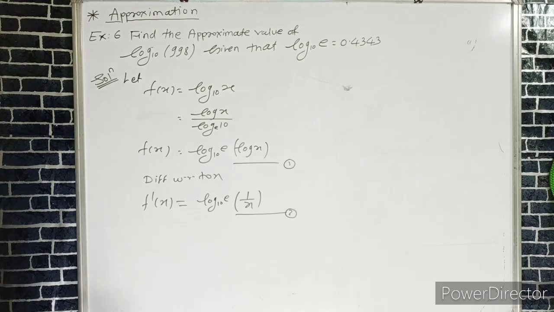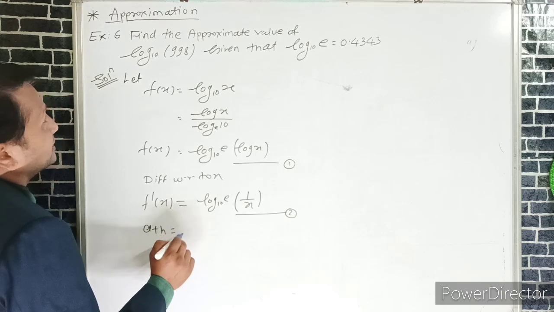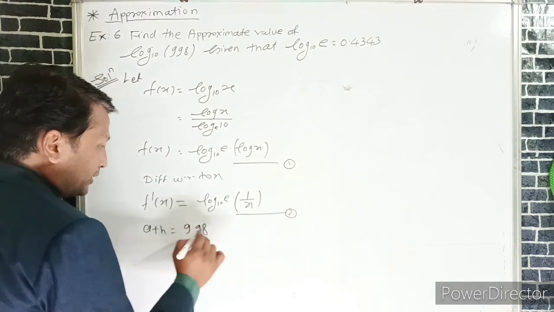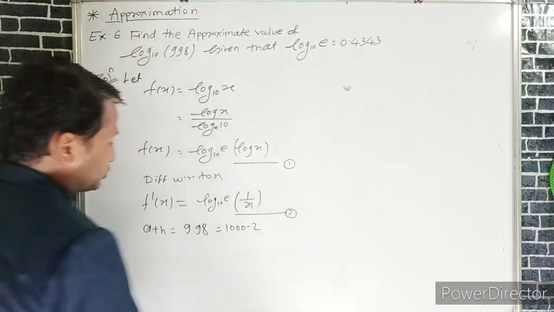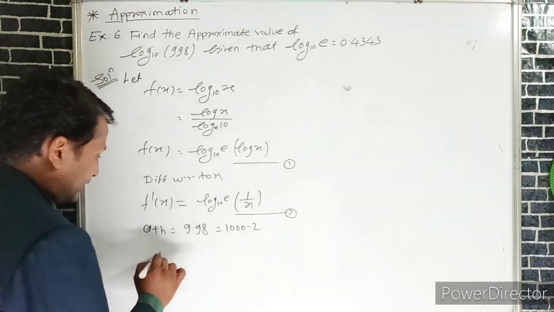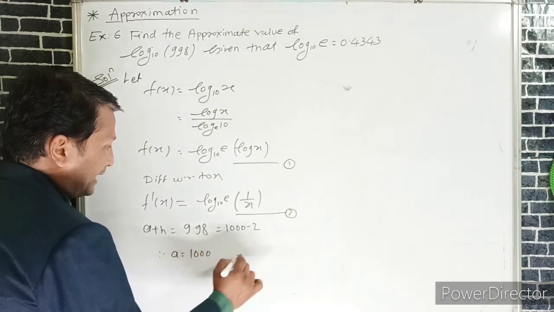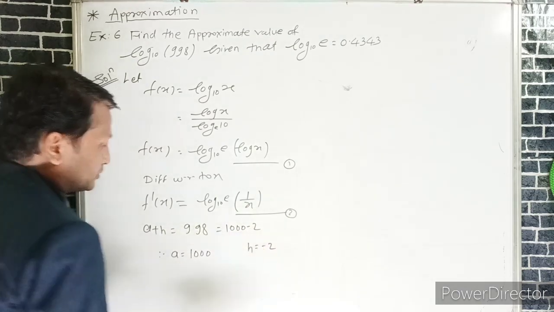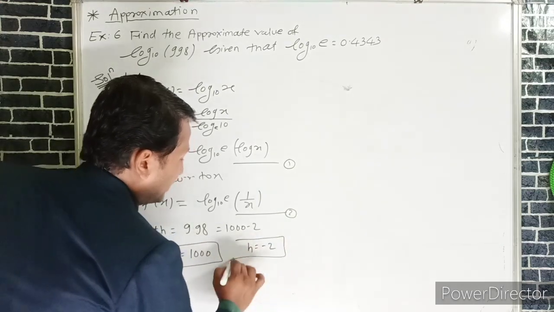So we know that here x is equal to a plus h, or x is equal to 998. We can write 998 as 1000 minus 2. It is clear that a is equal to 1000 and h is equal to minus 2. So the value of a is 1000 and the value of h is minus 2.